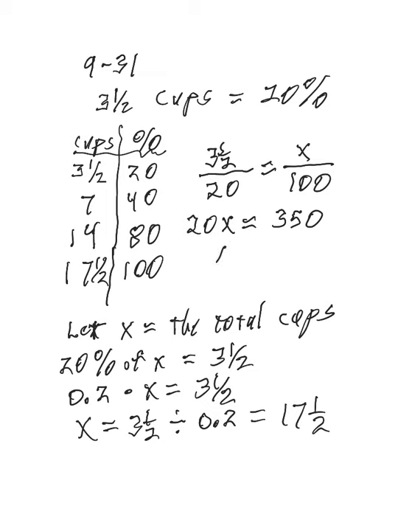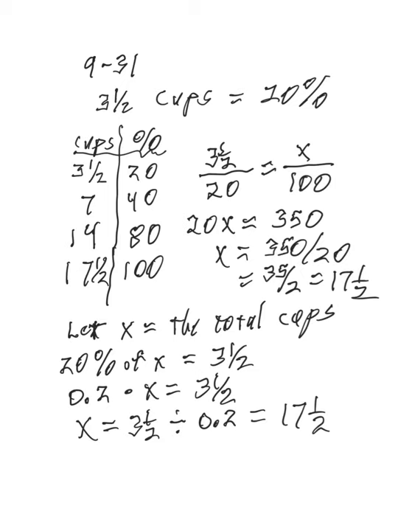And then x equals 350 divided by 20, which is equal to 35 divided by 2, which of course is also equal to 17 1/2. So those are 3 ways we can find the percent.